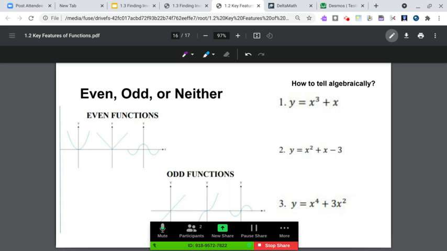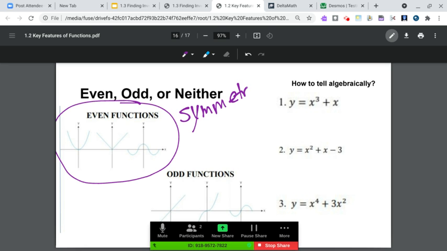Okay, so even functions are symmetric to the y-axis. Do you see these 3 picture examples here? If a function is even, it's symmetrical to the y-axis. So basically, you can fold it over the y-axis and it'll fold onto itself.